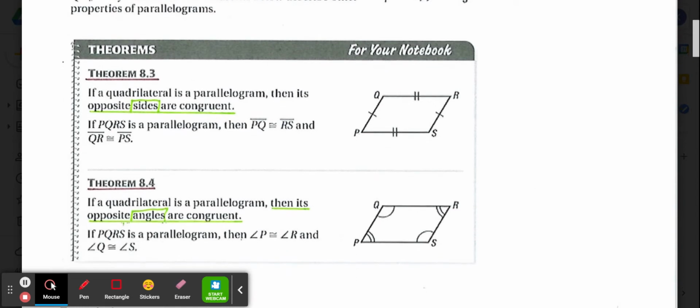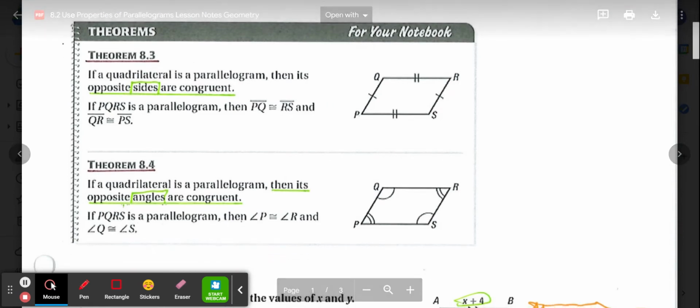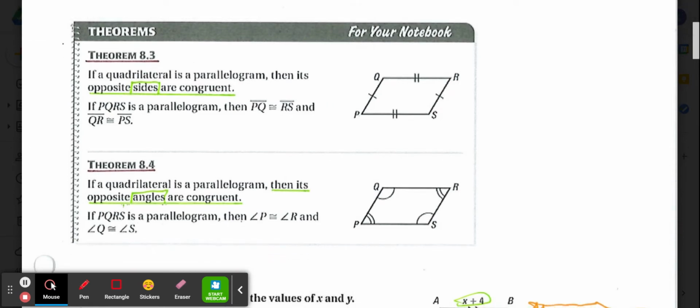Theorem 8.3 states if a quadrilateral is a parallelogram, then opposite sides are congruent. So side QR is the same length as side PS, and side PQ is congruent to RS, meaning they're the same measure. And then theorem 8.4 states, again, if a quadrilateral is a parallelogram, then opposite angles are congruent.